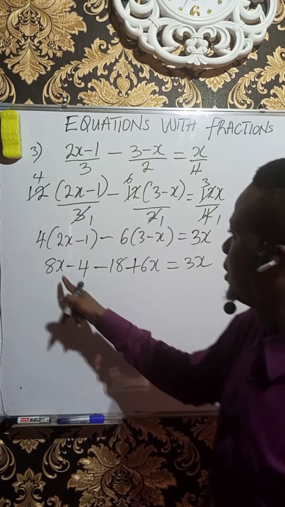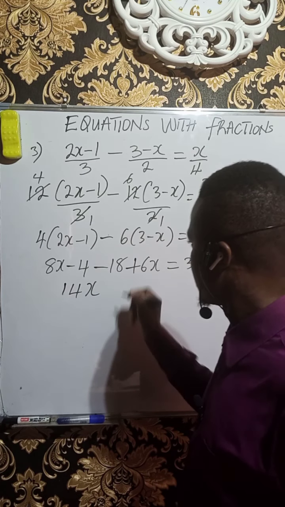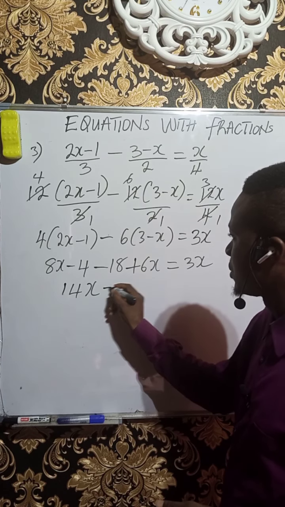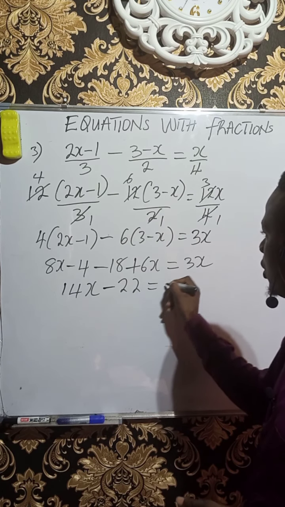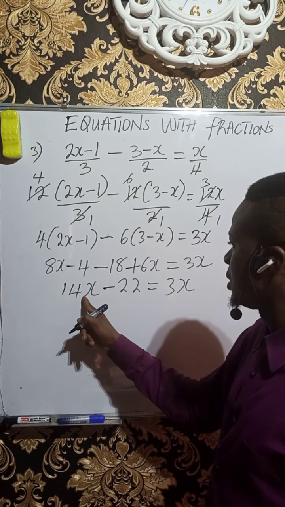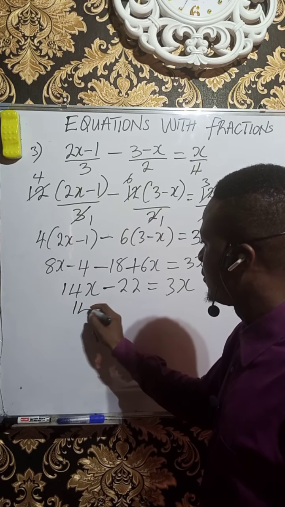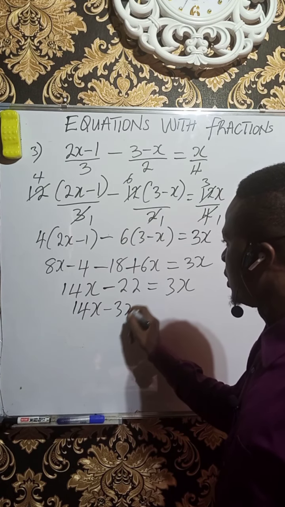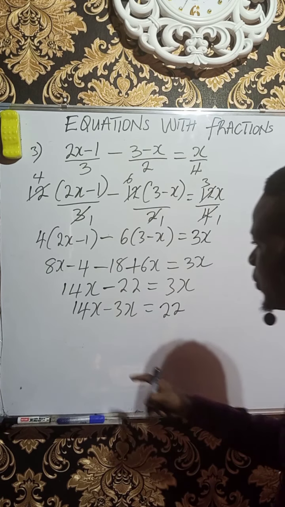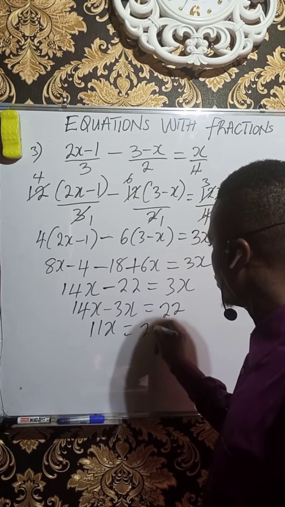Now here we have 8x and 6x, so if I sum up I will get 14x, and minus 4 minus 18 will give us minus 22 equals 3x. Now collect like terms, let this 3x come here to meet 14x, and negative 22 will cross over to the right hand side. We shall have 14x minus 3x equals negative 22 crossing over will give us positive 22. 14x minus 3x will give us 11x equals 22.